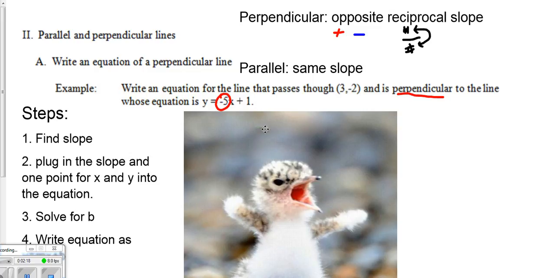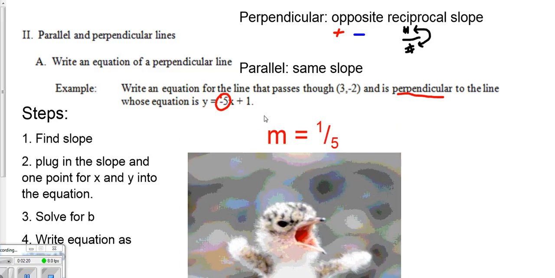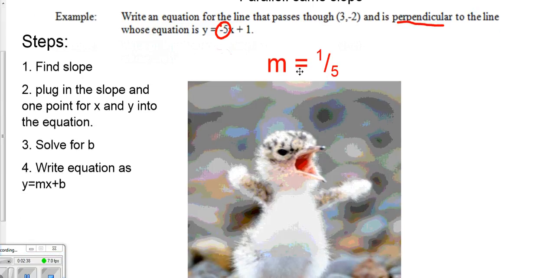So -5 means we need the opposite reciprocal. Negative becomes positive. 5 is the same as 5 over 1, so we flip it and call it 1 over 5. The new slope we're working with is 1/5, and it is positive.